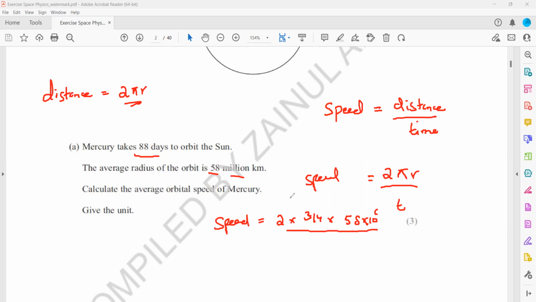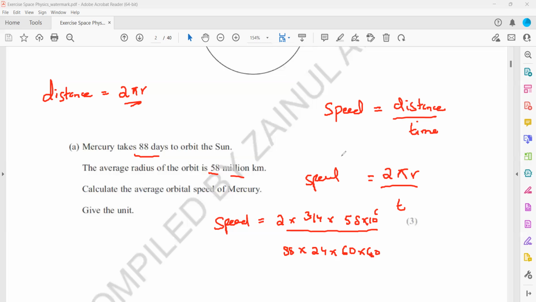It takes 88 days, so we have to convert these 88 days first into hours, then minutes, and then seconds. It is in the denominator, so it is 88 multiplied by 24 to get hours, multiplied by 60 to get minutes, and multiplied by 60 again to get the total number of seconds.